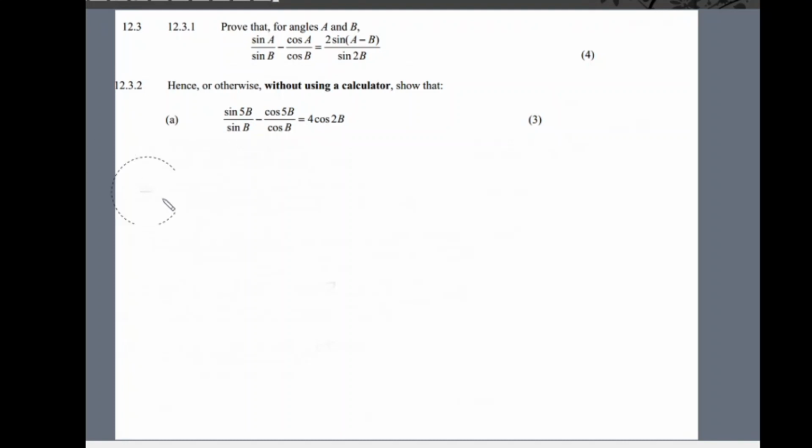So from 12.3.1, A is equals to 5B, right?